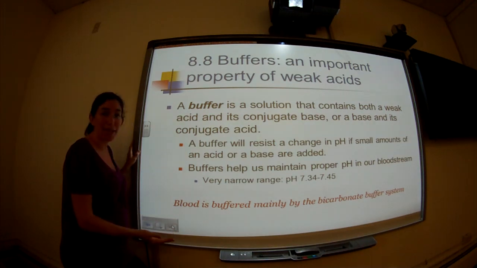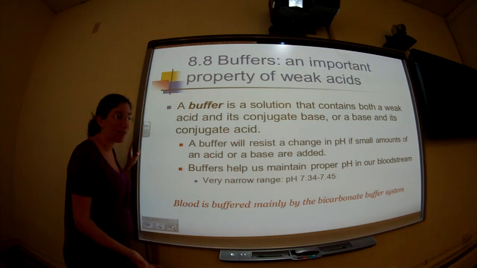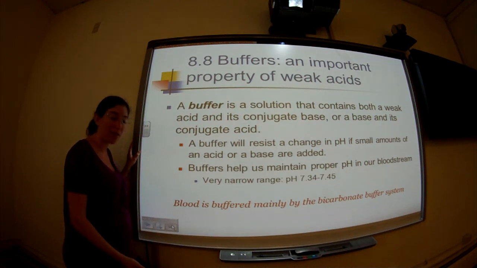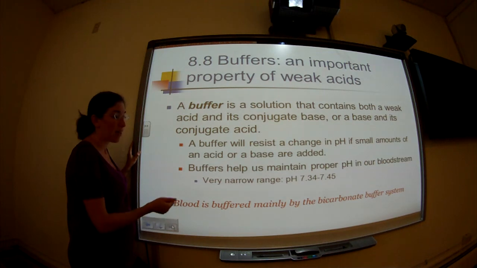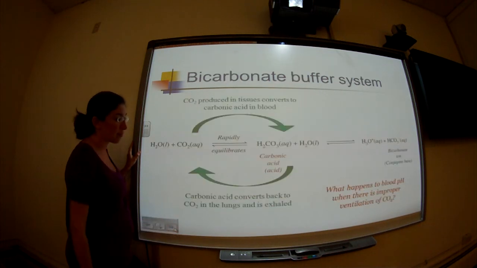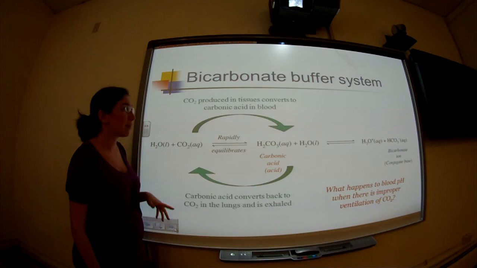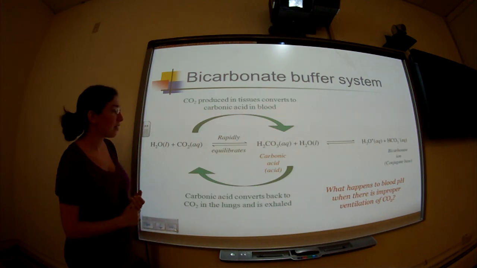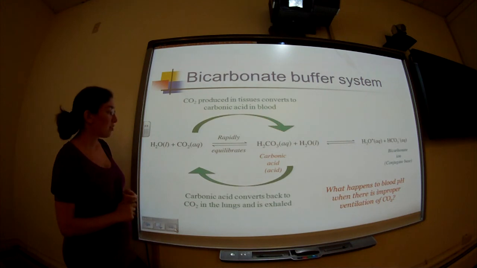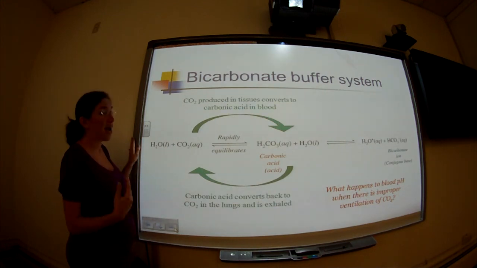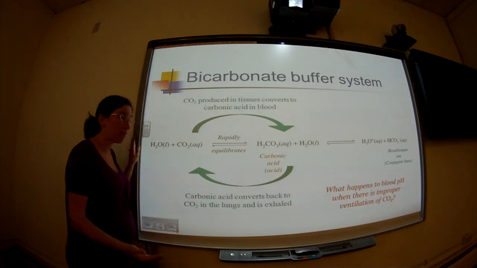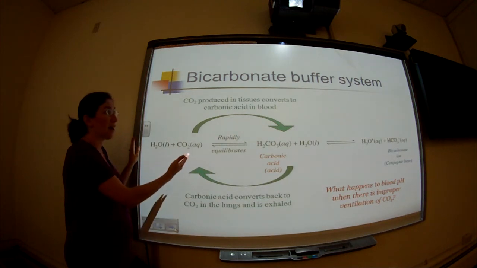Blood is mainly buffered by the bicarbonate system. There's also the phosphate system, and some other buffer systems in the blood, but blood mainly relies on the bicarbonate system. So this is how the bicarbonate system works. In our bodies, a product of metabolism is water and carbon dioxide.